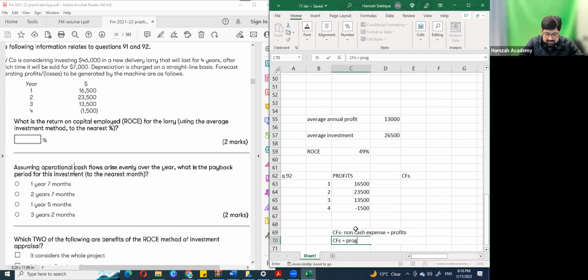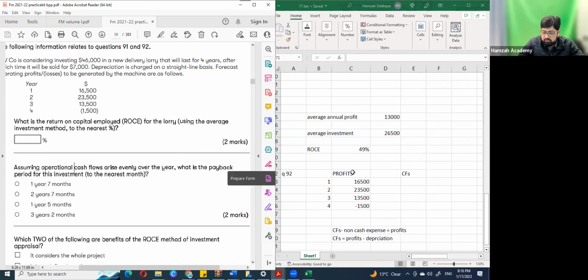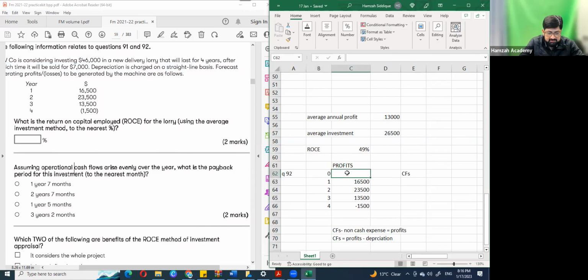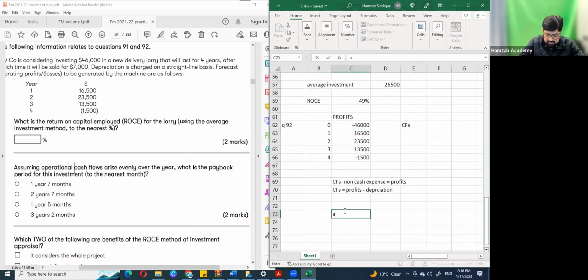So profit less depreciation. What is the depreciation? Depreciation is on a straight line basis. Now I want you to give me year zero. Initial investment is 46,000, right? You will be giving me the annual depreciation charge for this machine.